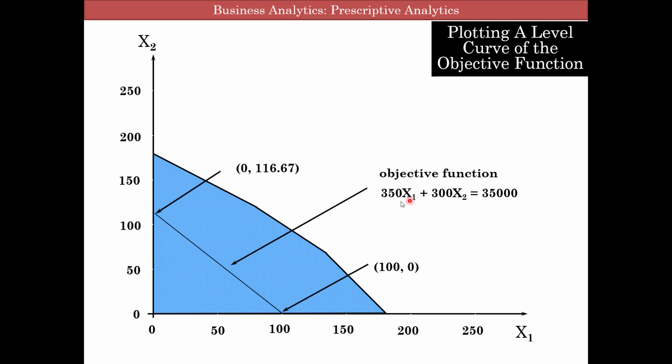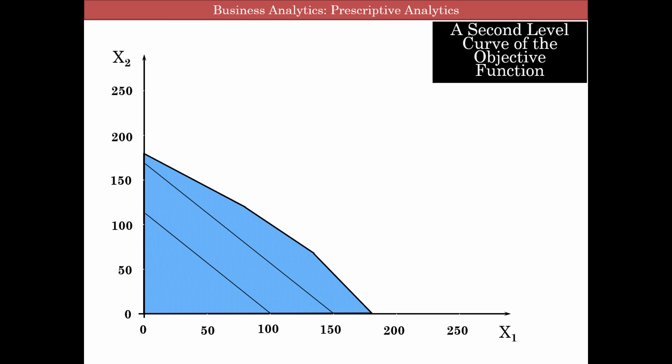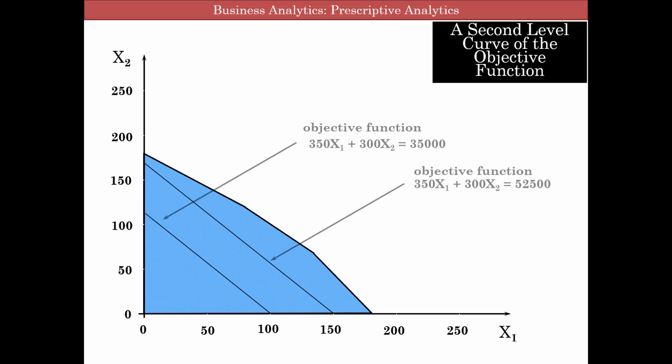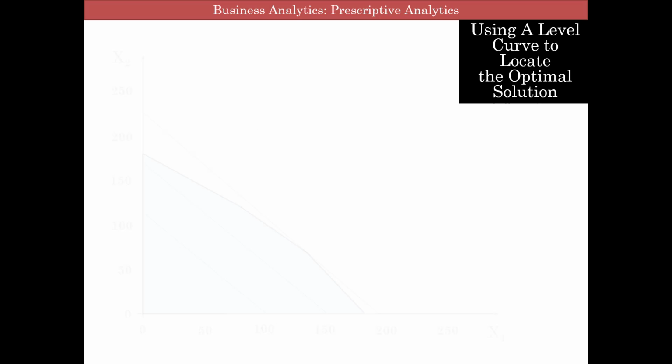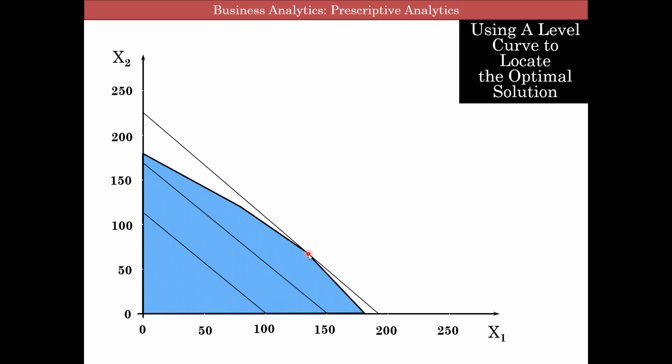At this point here, you can plug in these two values. x2 is 116.67 and x1 is 100, and you get 35,000. But you can move it even further up, and here we're seeing that it's about 52,500, producing 150 aquaspas and 175 hydroluxes. But there is more blue region, and so you can move it further right up to this point.